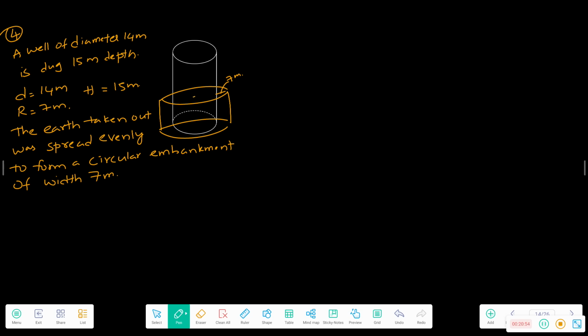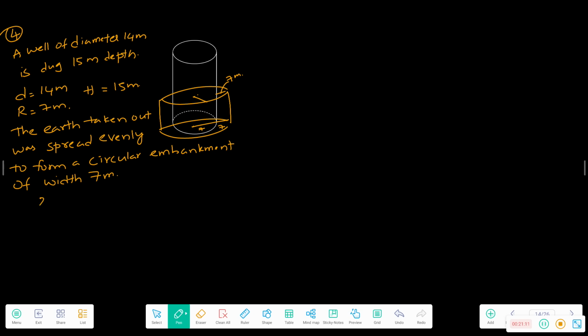So now here, from the center of the well to here, it is 7 plus 7. This is 7, this is 7. So we will get 2 radii because it is like a ring. Now if you see, that is a ring.